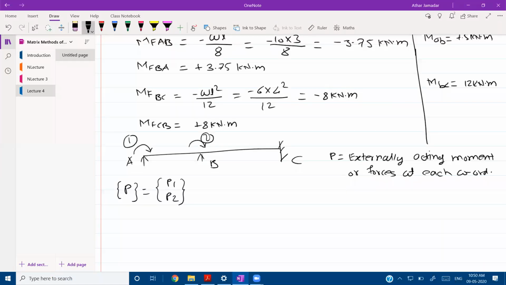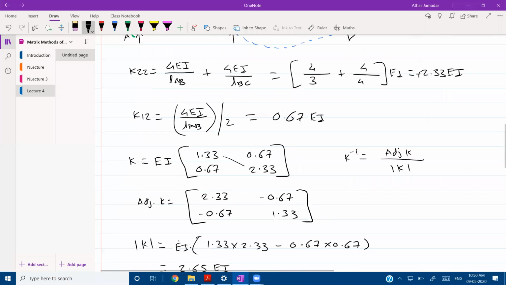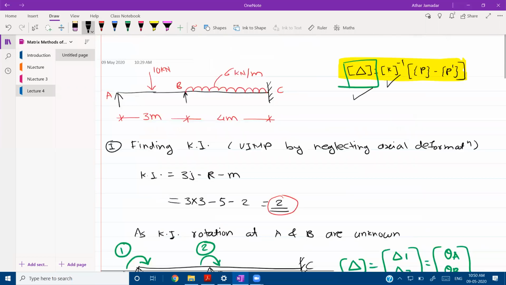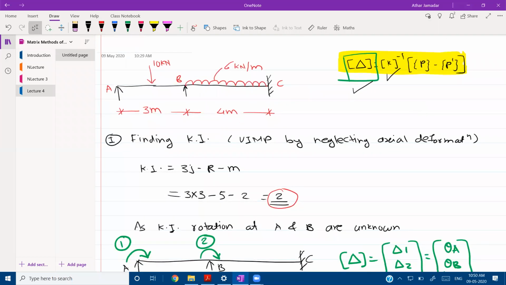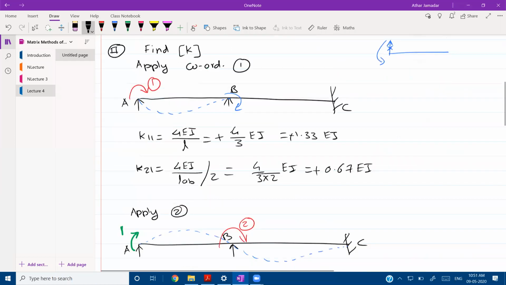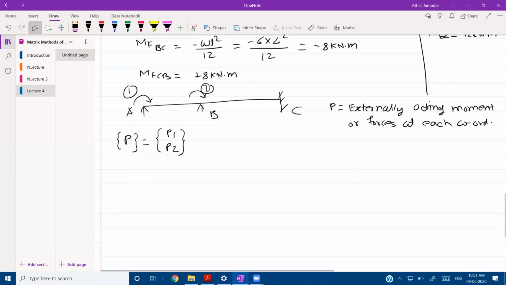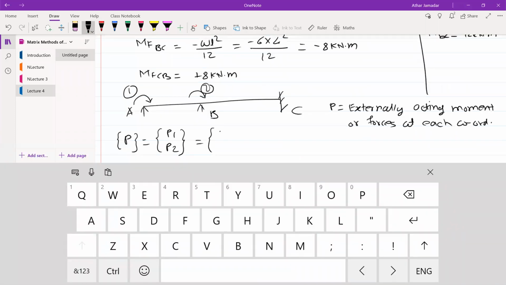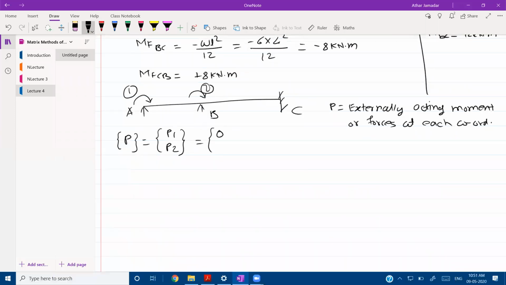So if there are any external moment or forces acting on this beam, other than this lateral loading, then that two coordinates will be there, that P1 and P2 will be there. So in problem at support A and at support B, externally acting loads or moments are not given. Therefore, these P1 and P2 values will be 0. P1 will be 0, P2 will also be equal to 0.